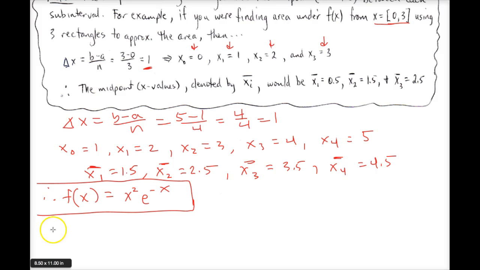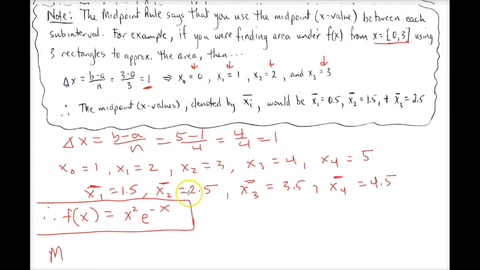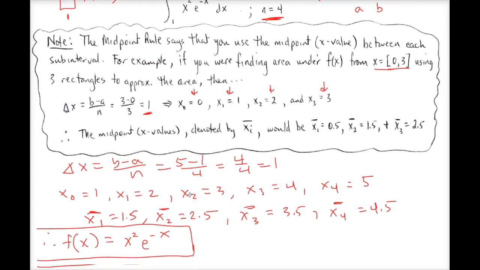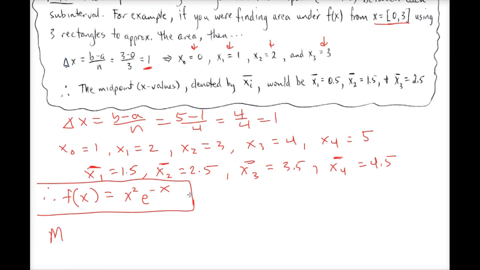Now, if I'm going to do the midpoint estimate, our n is 4, so we're using 4 rectangles.